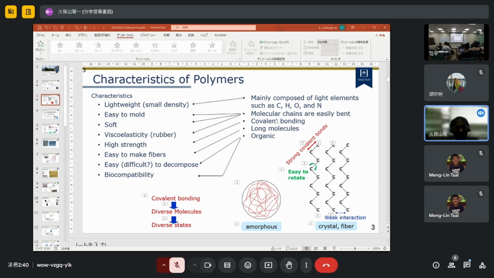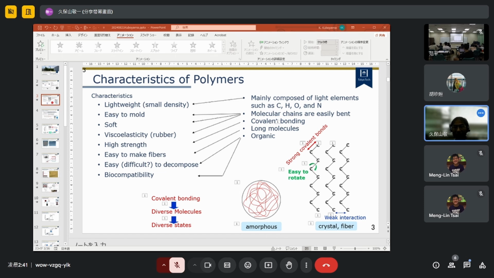Even at room temperature, the molecular chain moves. Of course, this is a simulation, not the actual molecule, but even at room temperature, the molecular chain can move around.